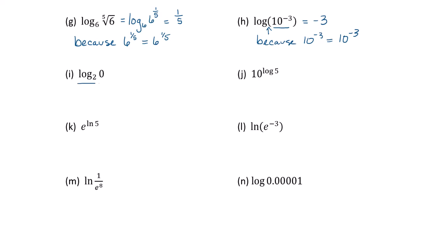Here I have the log base 2 of 0. Let's start with our reasoning. We need to know what exponent we would put on 2 here to make it turn into 0. Again, let's try like we did the last time, with trying positive numbers, some numbers that are fractions, or irrational numbers.